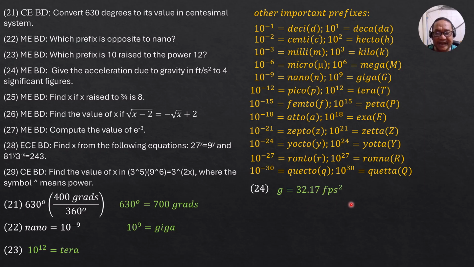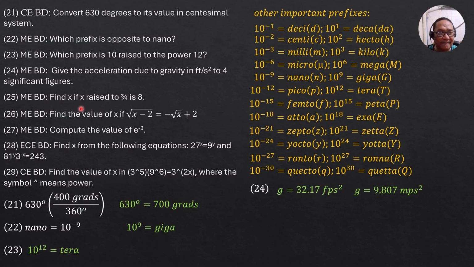And it is 9.807 meters per second squared to be exact. But mostly, if not specified in the problem, it's 9.81, and this one is 32.2 or 32.20 feet per second squared to three significant figures.